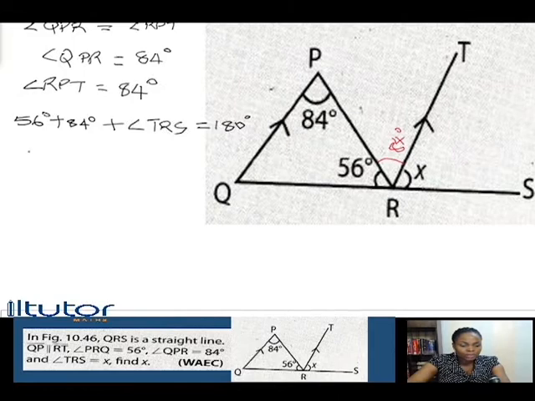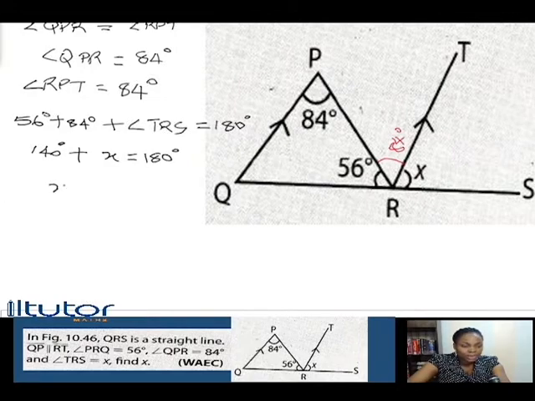So 56 plus 84 gives us 140 degrees. So we have 140 degrees plus angle TRS, our X, which is 180 degrees.